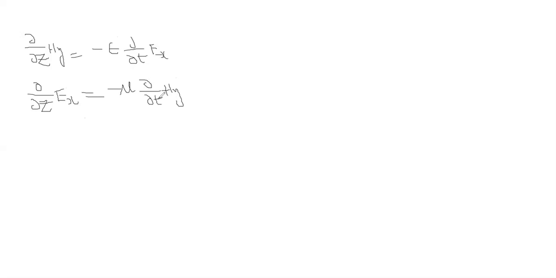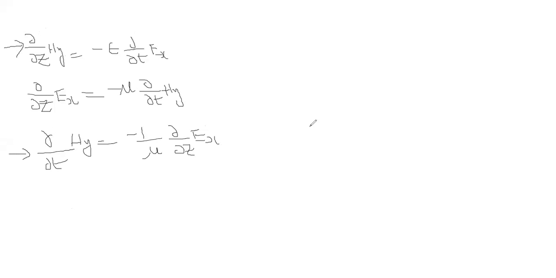Okay. Now modifying this equation, dou by dou t of Hy is equal to minus 1 by mu into, cross multiplying this equation, dou by dou z of Ex. See, on the left hand side in this equation and in this equation, dou by dou z Hy, dou by dou t Hy.